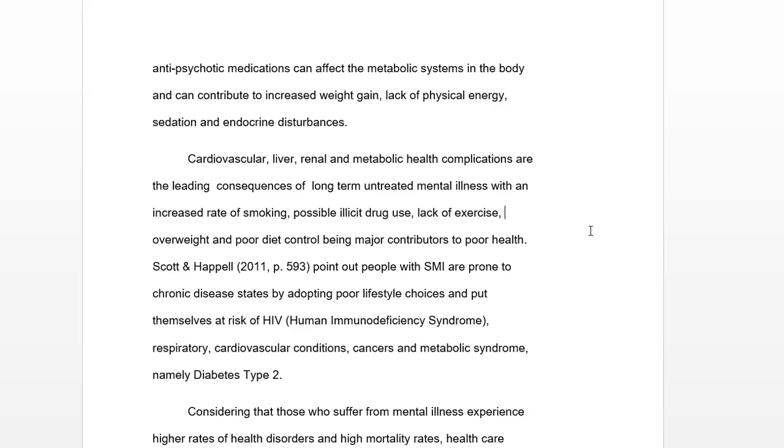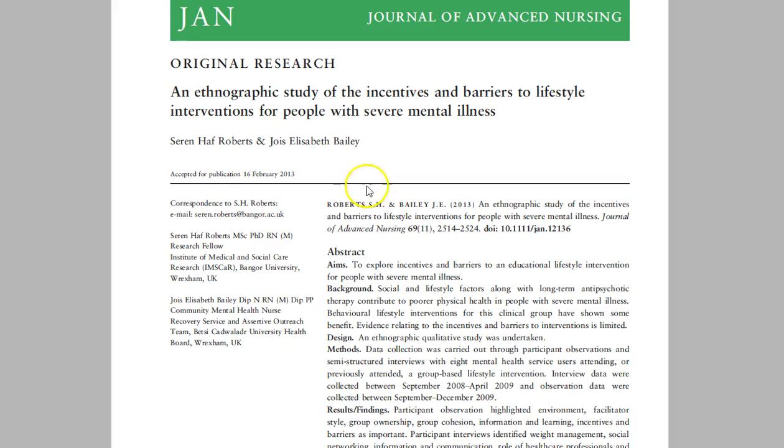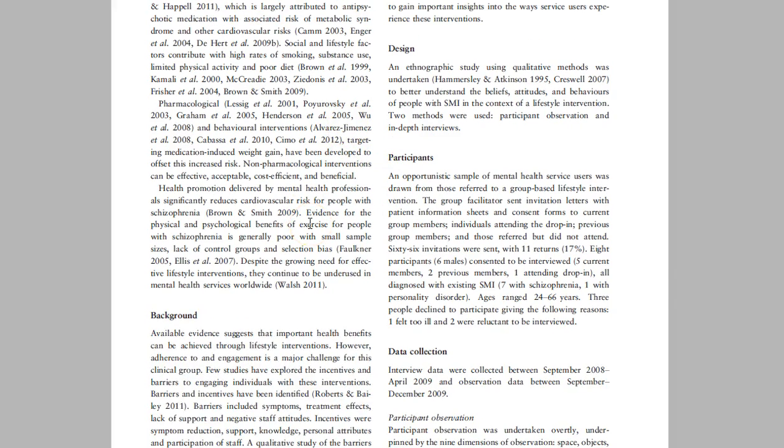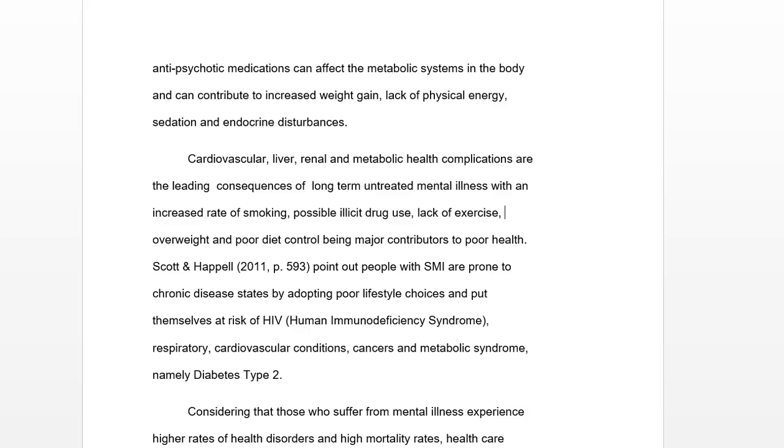What you're trying to demonstrate is you've read other literature to see whether their literature review in the article is good. Okay, so then you would make a statement saying the Robertson Bailey's introduction and background has been well written and includes a lot of other evidence that is prominent in the area, and the literature review in the article is appropriate to set up the study.